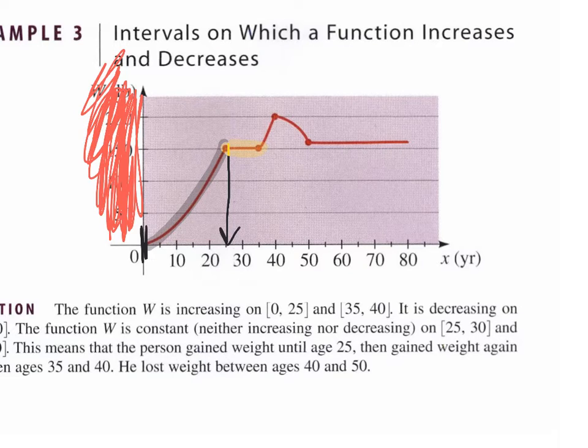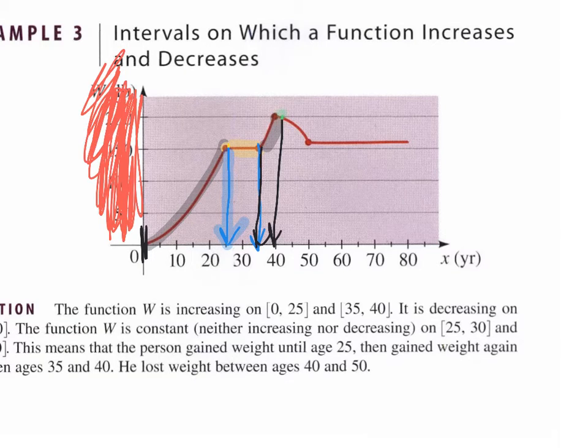That's good. Constant. Perfect. What is this graph constant from? From what point on the x-axis? 25 to what, William? 25 to 35. Perfect. And then what happens again? It increases. Agreed? From where to where? From 35 to 40. Perfect.